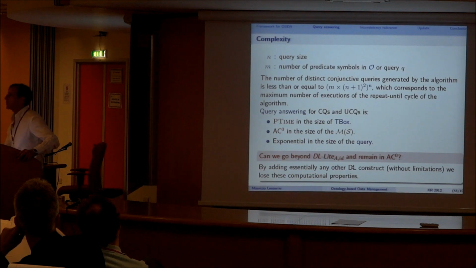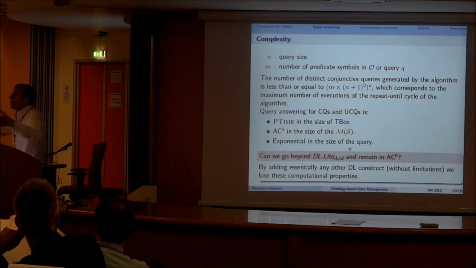We experimented, and unfortunately we had a sort of surprise: although the union of conjunctive queries was exactly an SQL query, depending on the kind of ontology that you had, the size of the query that the algorithm produced, in terms of the number of conjunctive queries, was very large. As I said, the rewriting algorithm rewrites into a union of conjunctive queries. Every conjunctive query in the union has the same size as the original query, but the number of queries in the union might be enormous, depending on the ontology.